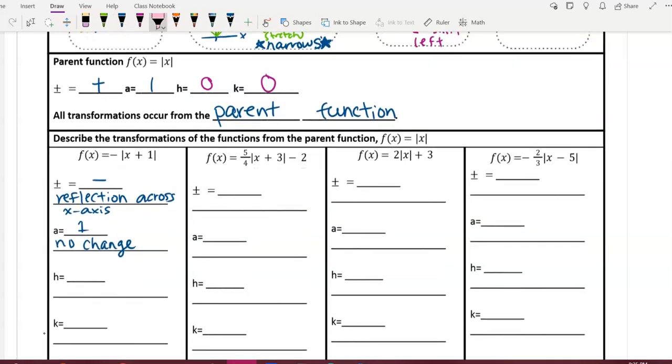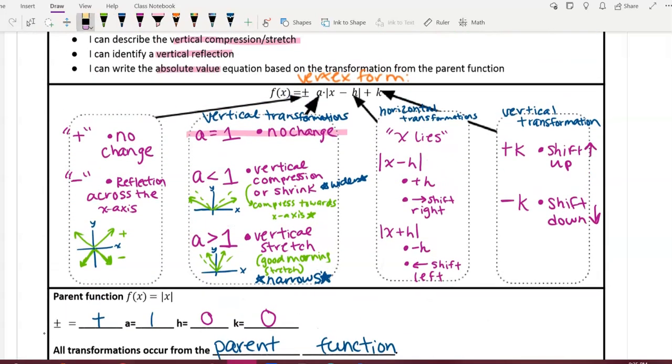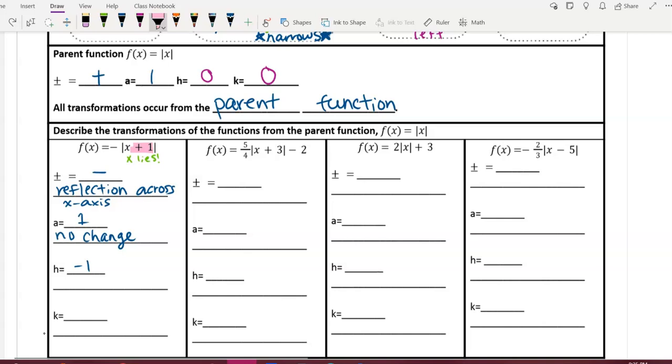All right, let's take a look at the next one. H. What is our h value here? It says positive 1, but we remember x lies. So h is actually -1. And we can look back at our notes too, it said x plus h. So x plus h is right here. So we know h is actually negative, and it's going to shift left.